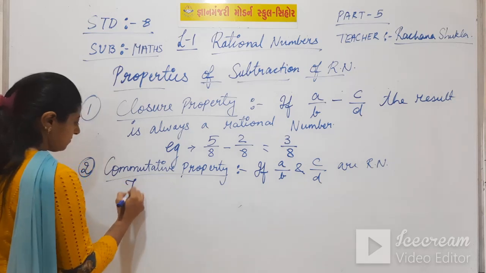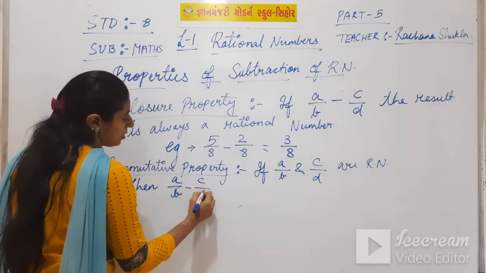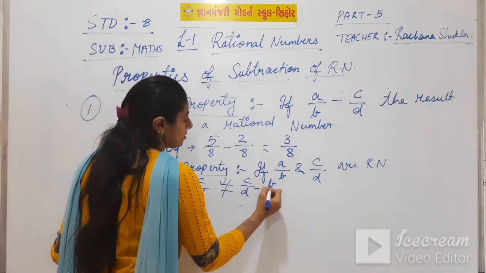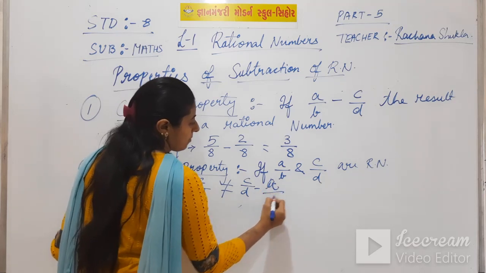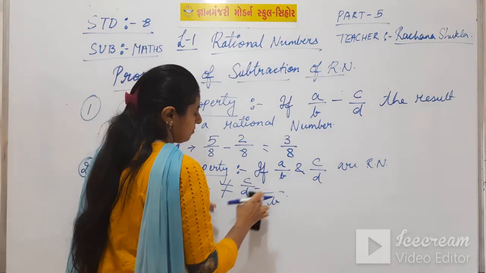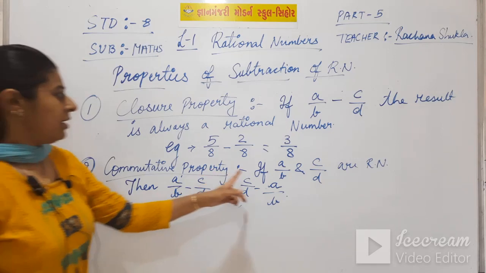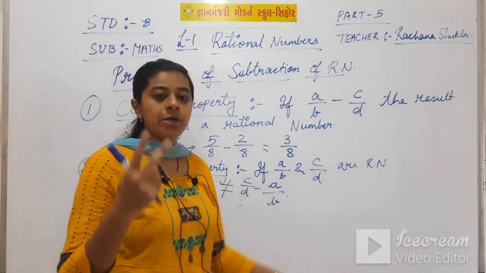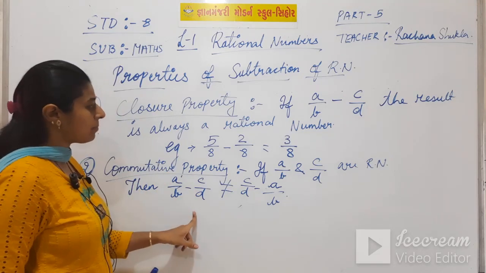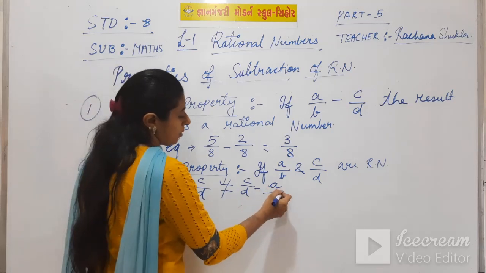Then a upon b minus c upon d is not equal to c upon d minus a upon b. So once again students, a upon b and c upon d are two rational numbers. Then a upon b minus c upon d is not equal to c upon d minus a upon b.